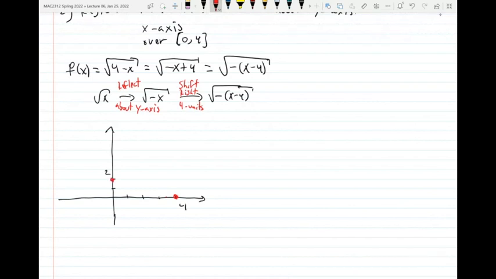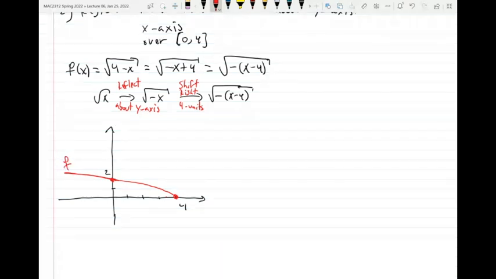And it looks more or less something like this. Yes? So as a function f, are we good with this? Look at the transformation. Square root function looks like this, right? Then you reflect with respect to the y-axis. So now it looks like this, and then pull it to the right 4 units. You get this picture.